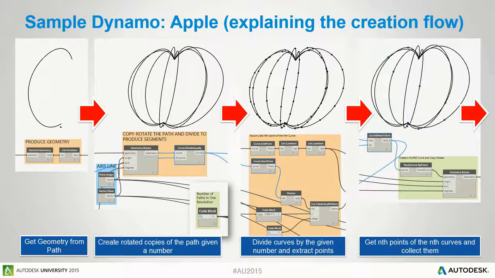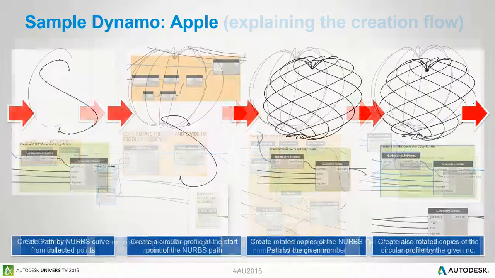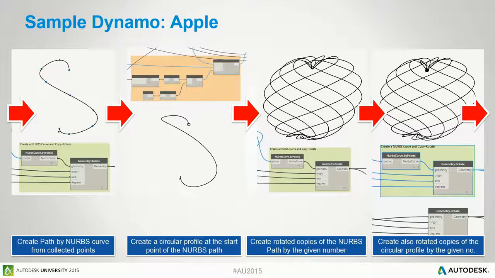That means we'll get the first point of the first curve, the second point of the second curve, the third point of the third curve, and so on until the last point of the last curve. When we get those points, we'll create our NURBS curve, and this NURBS curve will be our path that we'll use to create our sweep.